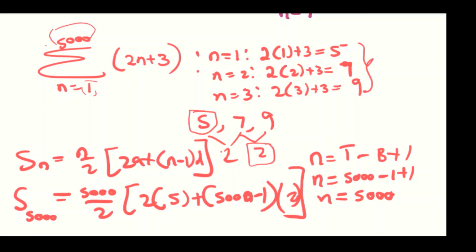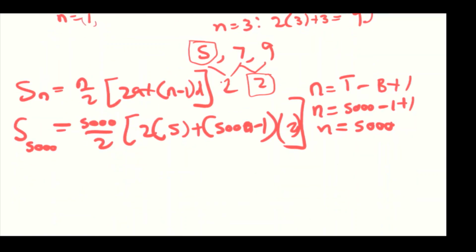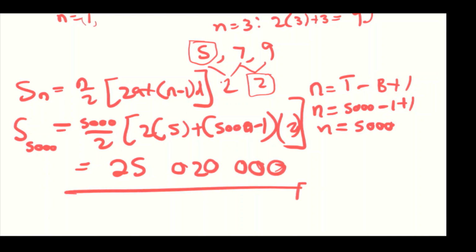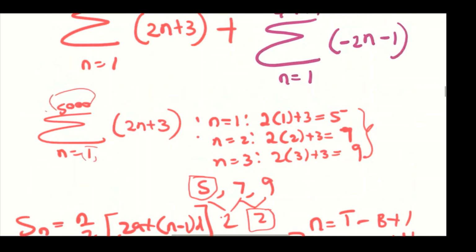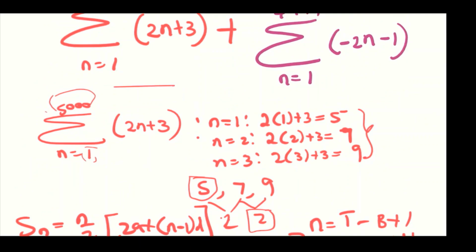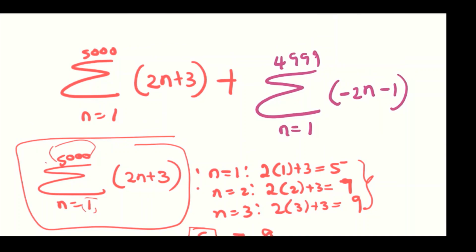You should punch this into the calculator and you'll get a value of 25,020,000. So that is the sum of this expression here. Now we're going to find the sum of the other one and then add both together.